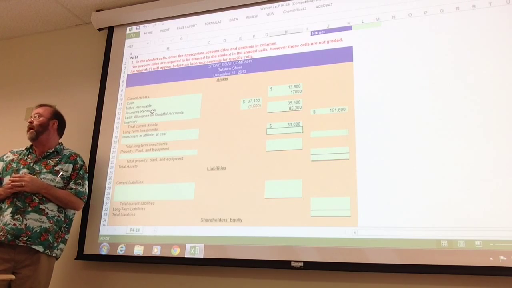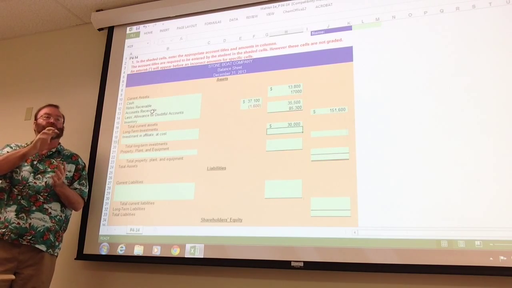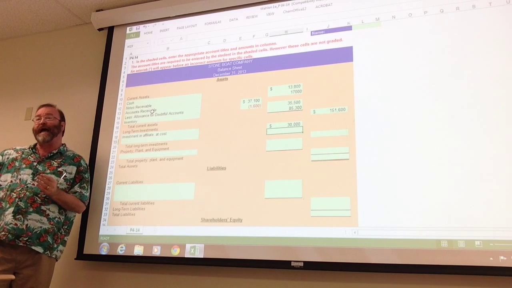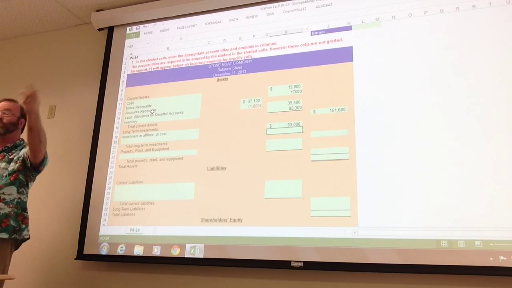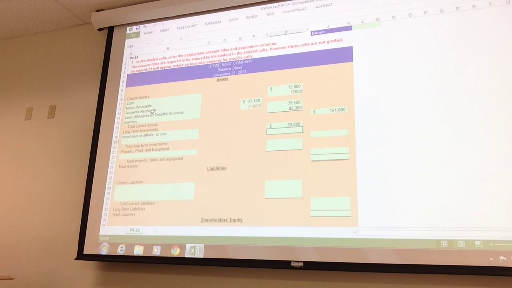They will use that money to eventually retire the bonds, which in this case, it says the face value matures on December 31st, 2015. So in 2 years' time, they've got a bond that is going to come due, so they have saved up $12,500 towards that eventual retirement.